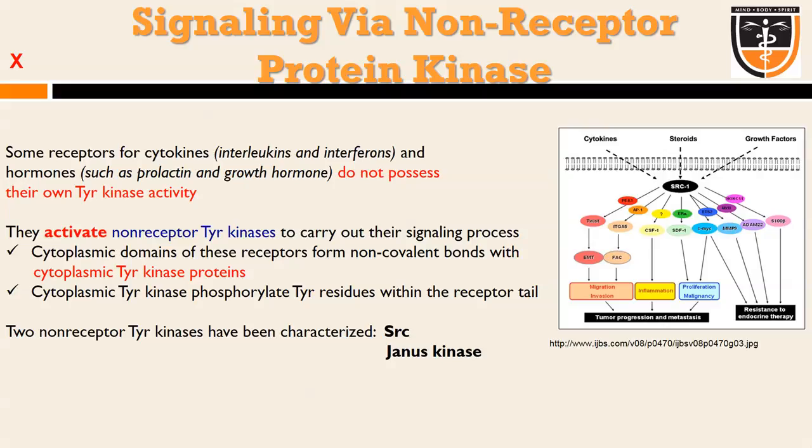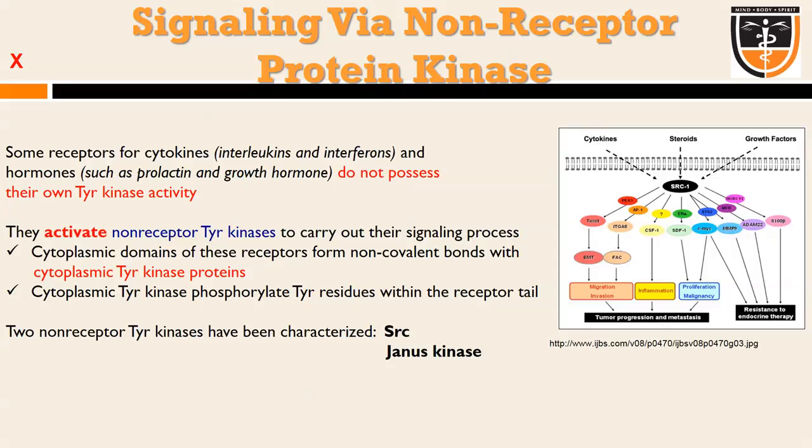The cytoplasmic domains of these receptors will form non-covalent bonds. You know those tails? They will bind to tyrosine kinases from the cell. They will recruit the tyrosine kinase, and the tyrosine kinase will now phosphorylate their tyrosine. So they will not have tyrosine kinase in them. Then that will result in the activation of the receptor.